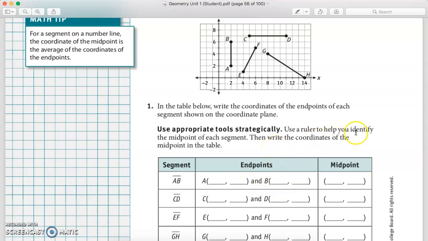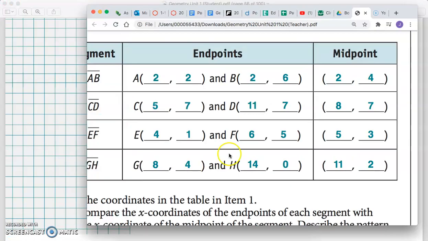Then use a ruler, or just eyeball it, and figure out where the midpoint of that segment is, the point that's in the middle, and write its coordinates in these spaces. Go ahead and pause the video, take some time, and fill out that table, and then we'll go over it.